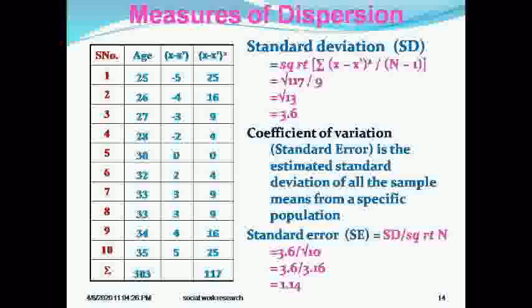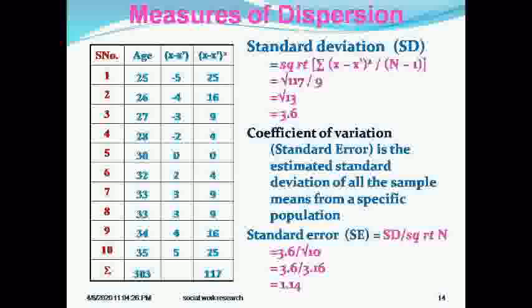In this case, we can find 30 minus 7.2, which means 22.8, 30 plus 7.2, that is 37.2. You see 100% of the observations are within the range of 2 standard deviation. Now, what is coefficient of variation?